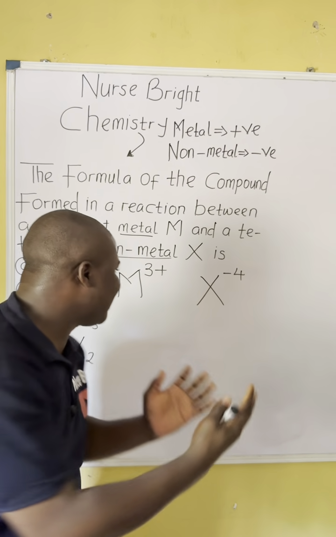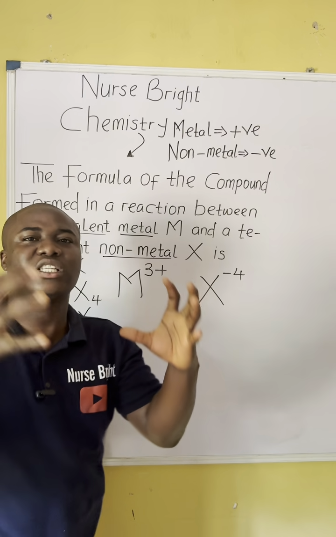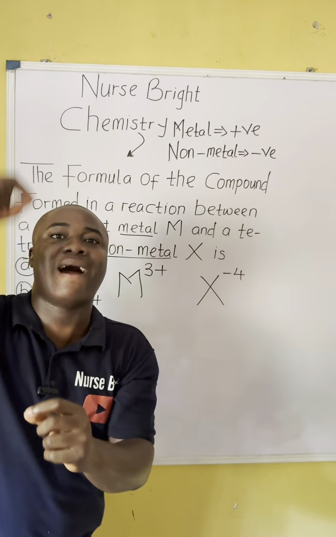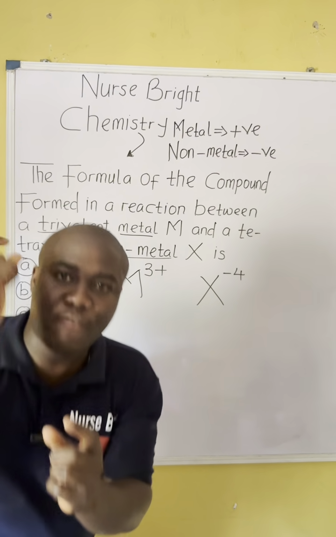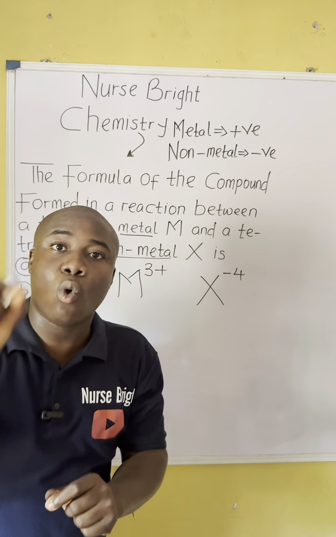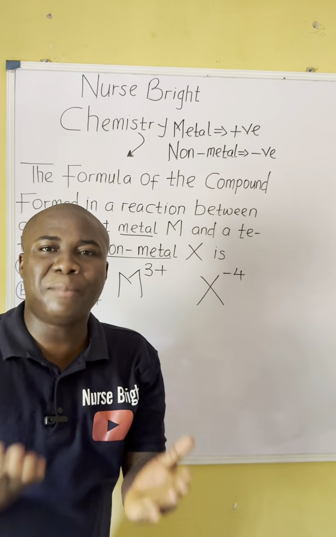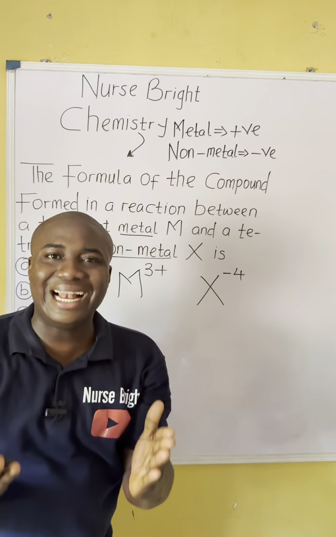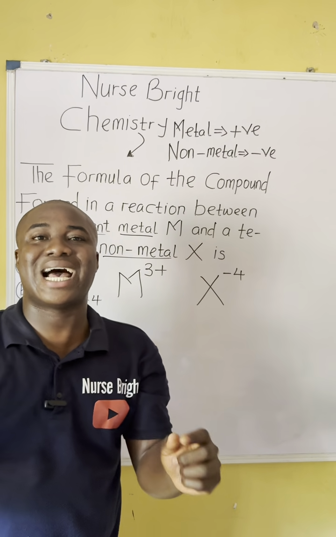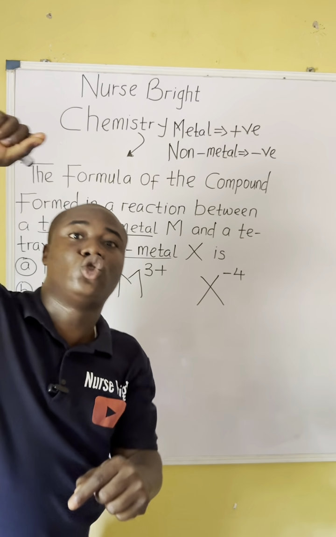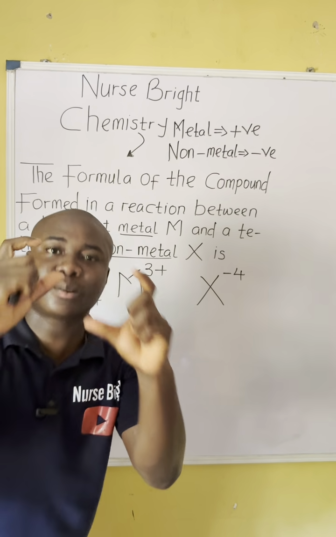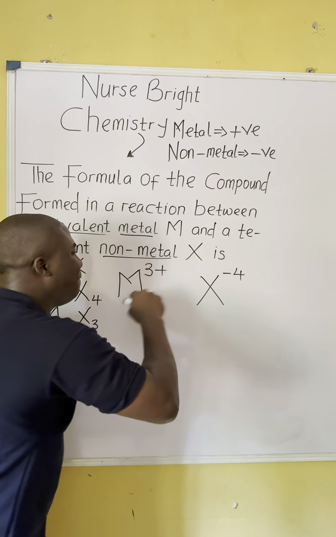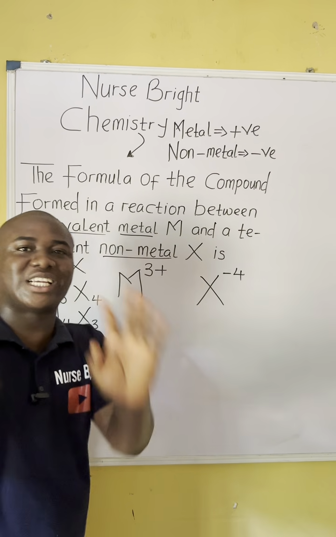Now, when elements like these, metals and non-metals, want to bond together to get a chemical formula, this is what happens. The elements exchange those charges. Specifically, the numbers between these elements will be exchanged.